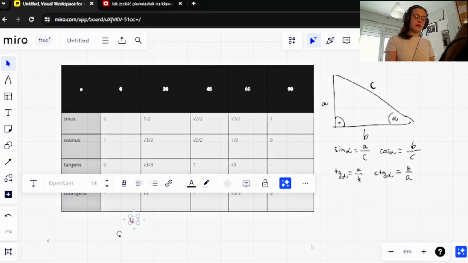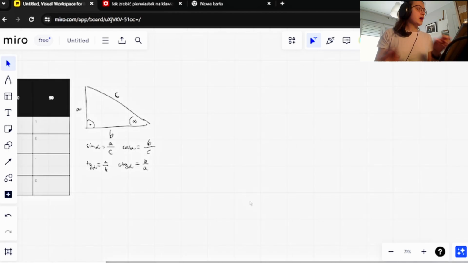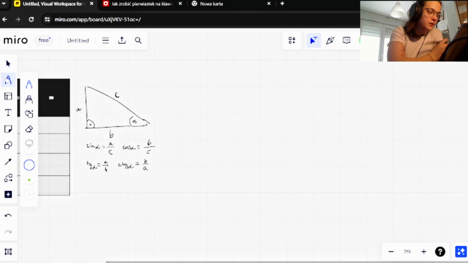Tangens is undefined at 90 and 270. Cotangens is undefined at 0 and 180. We have a couple of... I forgot how it's called in Polish.